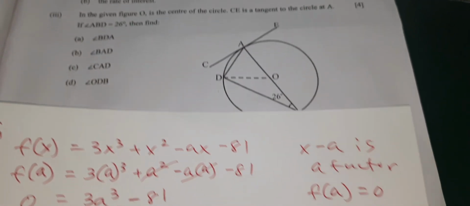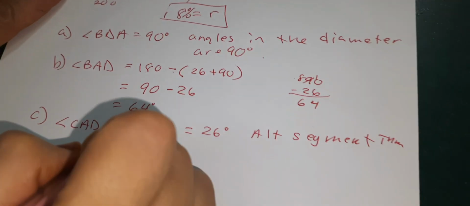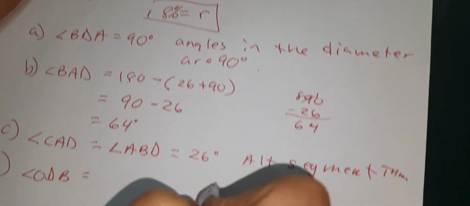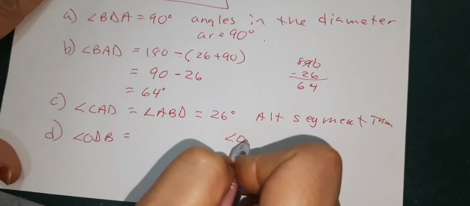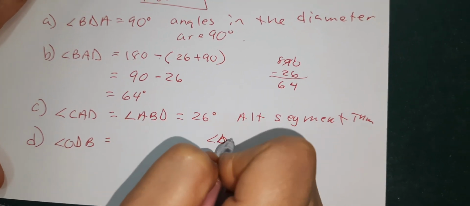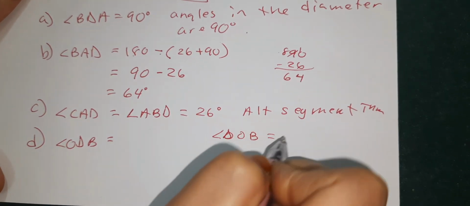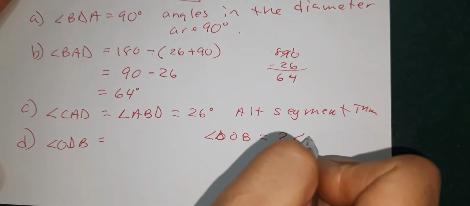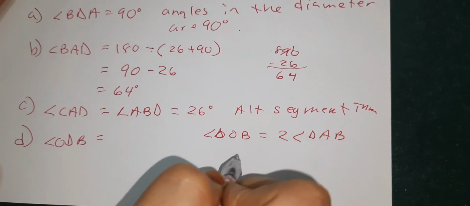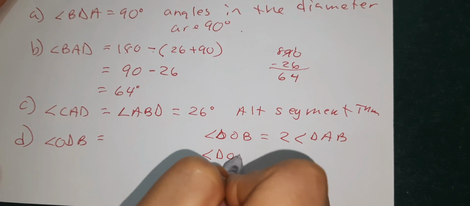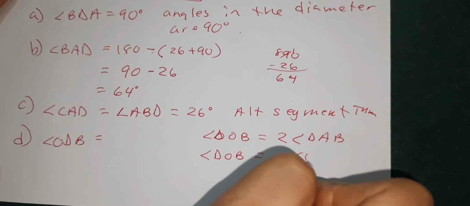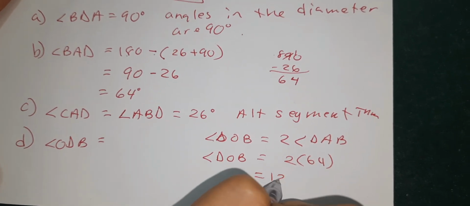Angle DOB is equal to twice angle DAB, so angle DOB is going to be twice 64, which is 128.